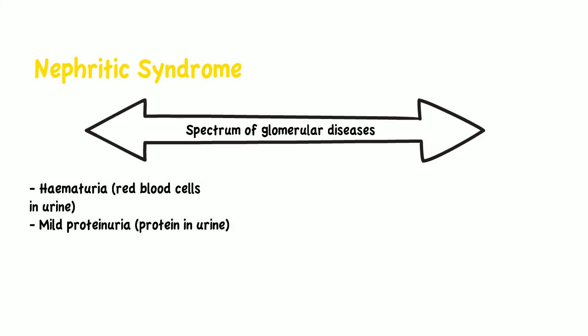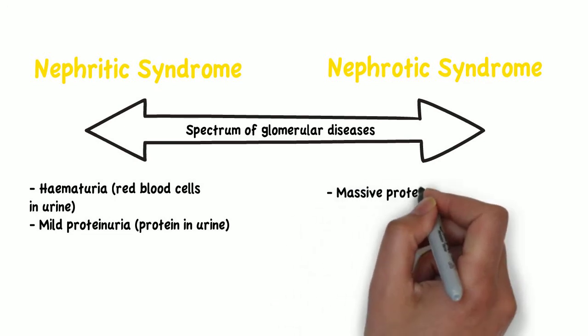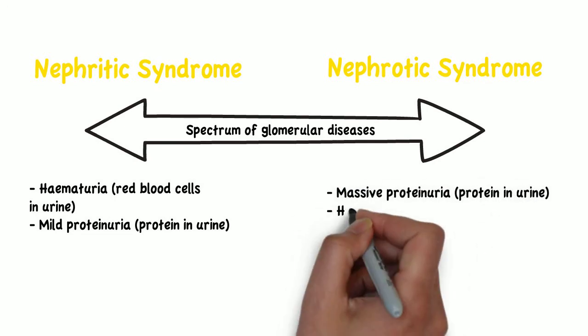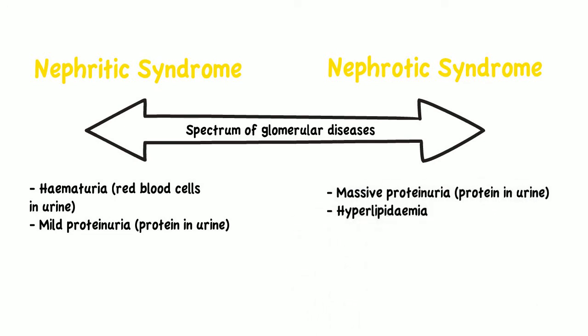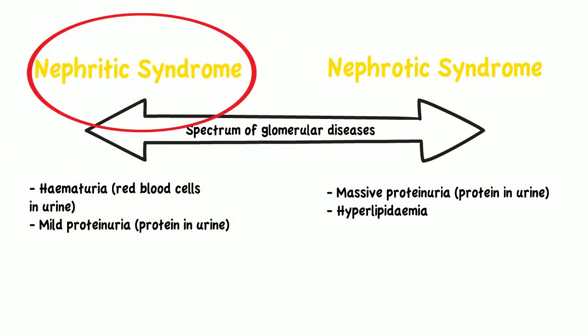And on the other end, we have nephrotic syndrome, where patients present with massive proteinuria and hyperlipidemia. We will only talk about nephritic syndrome in this video, and to learn about nephrotic syndrome, please watch our previous video.